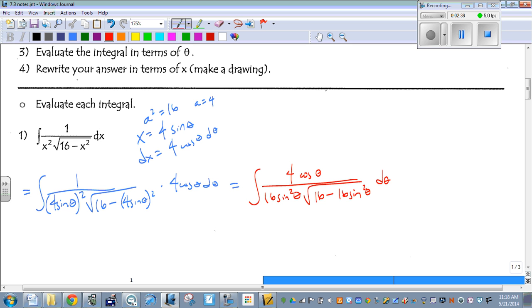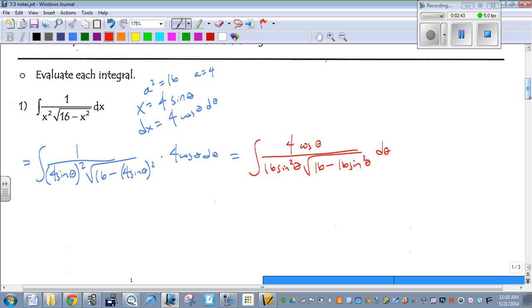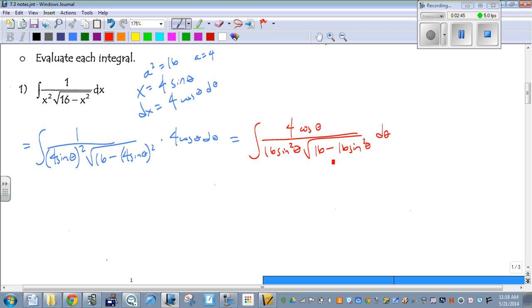So now we're trying to do step 3, evaluate the integral in terms of theta. So more simplifying needs to take place. We can take the square root here and factor a 16 out of each of these. We can also simplify the 4 over the 16 here, so we end up with just cosine of theta on top, 4 sine squared of theta on the bottom.